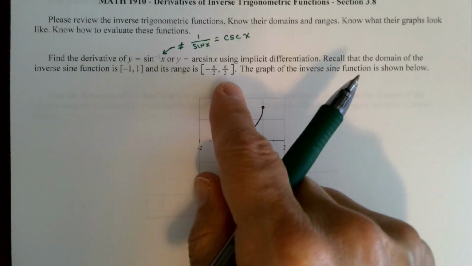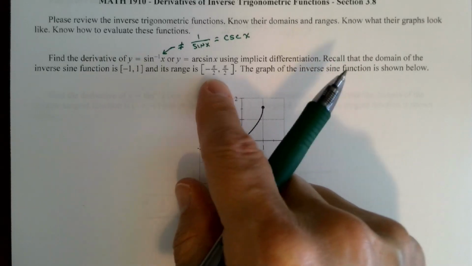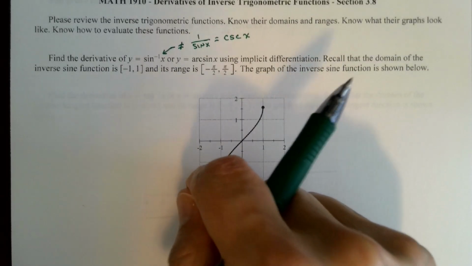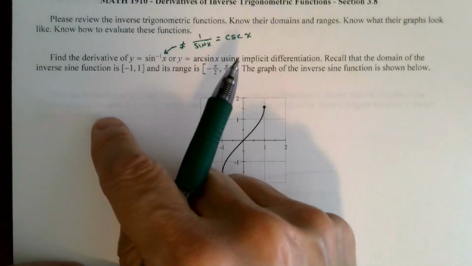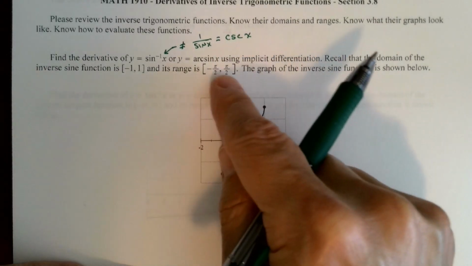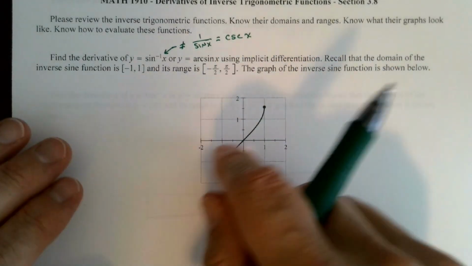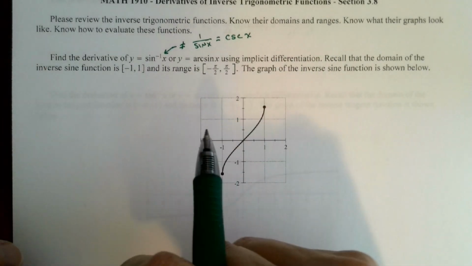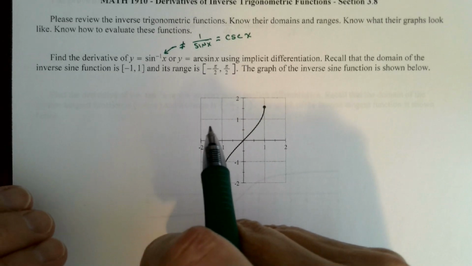Now, the range of the inverse function should be the same as the domain of the function. The domain of the sine function is all real numbers. The sine function just goes up and down forever. However, to talk about an inverse, the function we have must be 1 to 1.